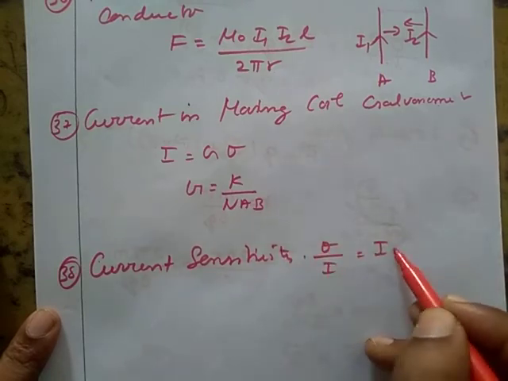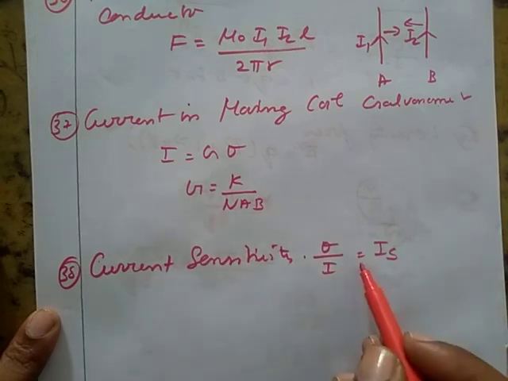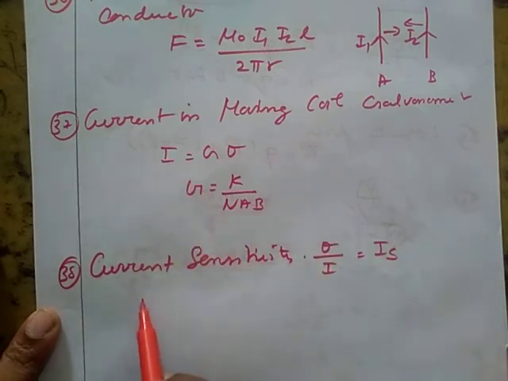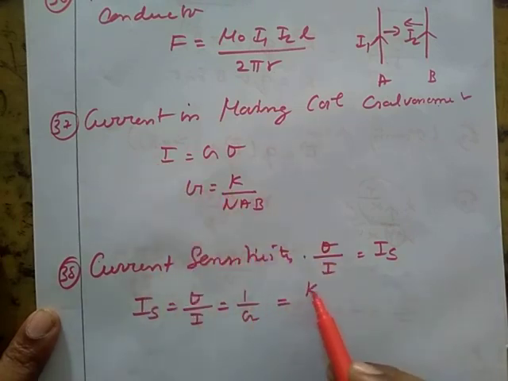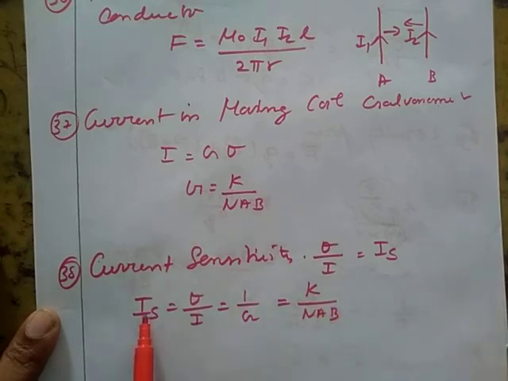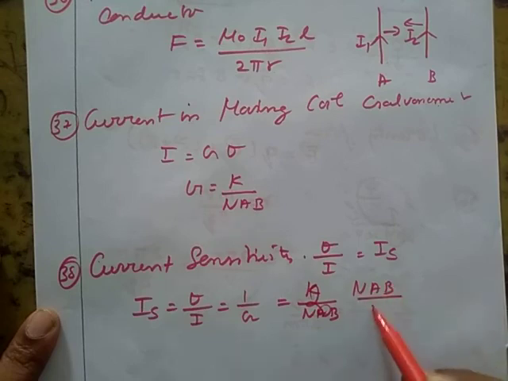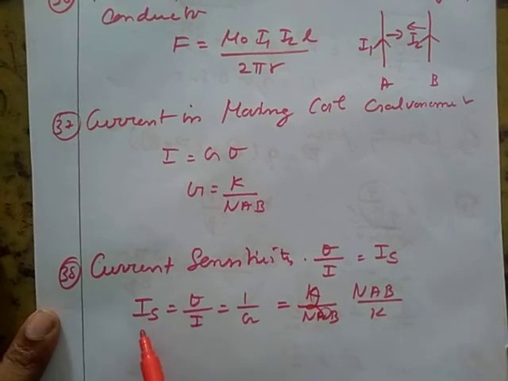That can be written as Is is equal to theta by I. We know theta by I can be written as 1 by G, and 1 by G can be written as NAB by K because it is a reciprocal. Current sensitivity can be increased by increasing the number of turns, the area of the coil, the magnetic field, or decreasing kappa.